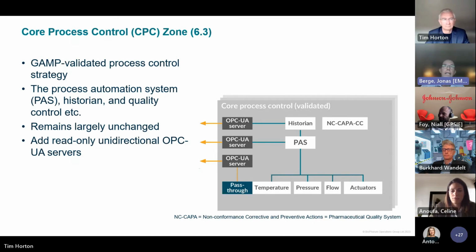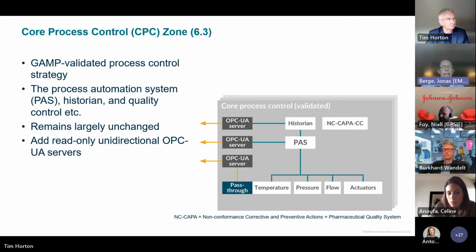It may not be convenient to add OPC UA servers in the GAMP validated automation system in the first phase of digitalization. In this case, it can be added later.